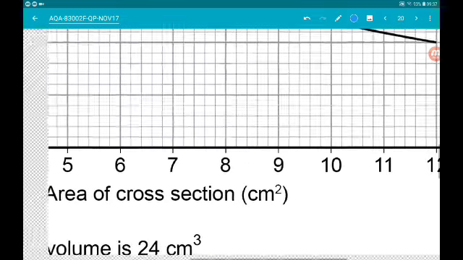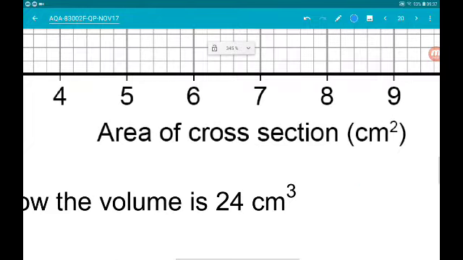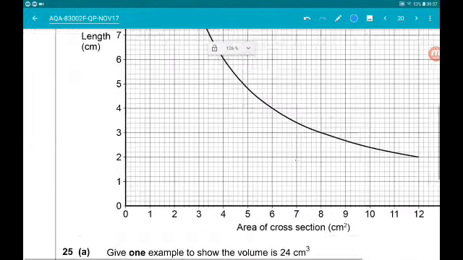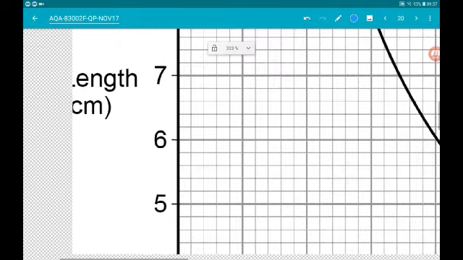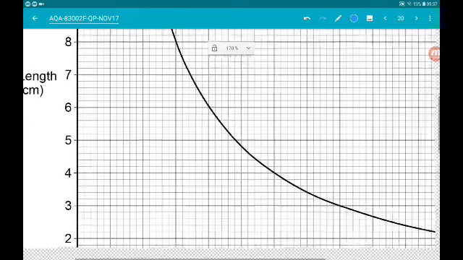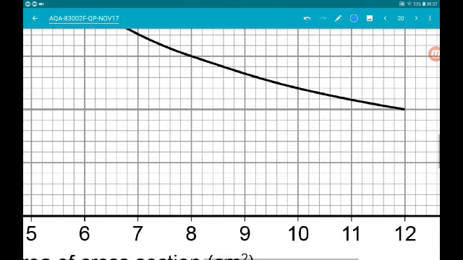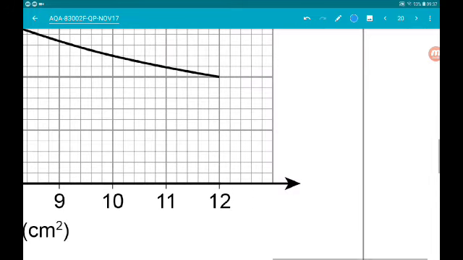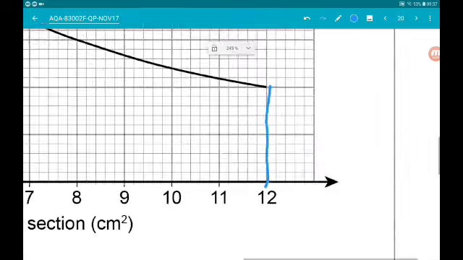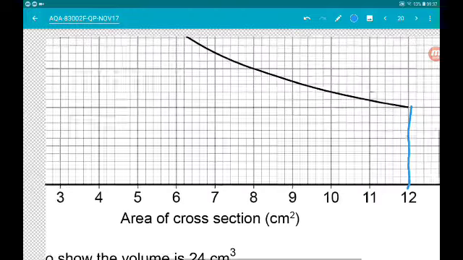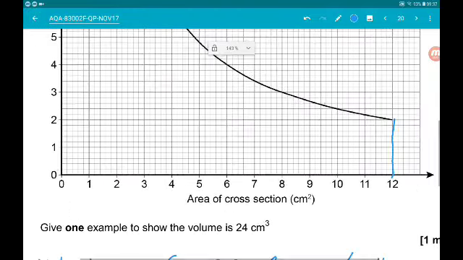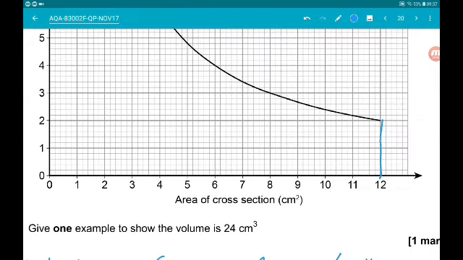So on our graph, we've got area of the cross-section along the bottom and length up the side. So let's go for a cross-section area of, I don't know, let's go for 12. It's a nice point. So if we go up from an area of 12, let's go across and see what our length is.